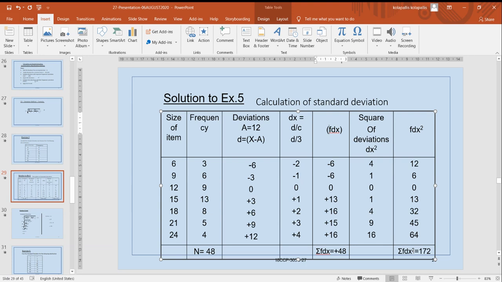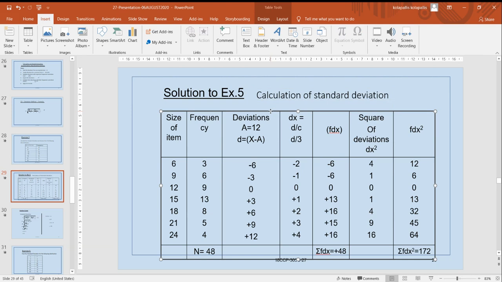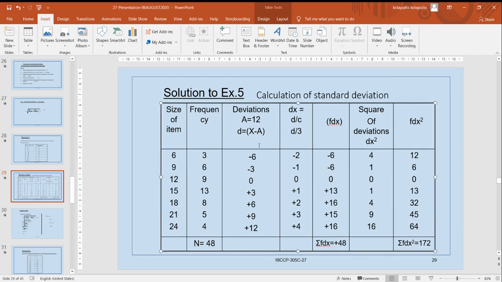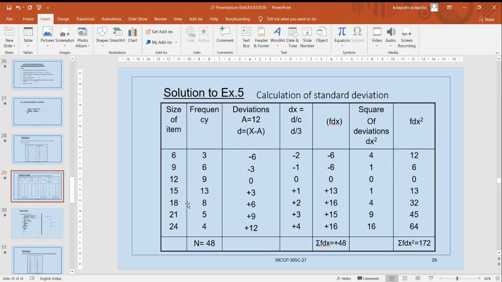So now we'll take here n is equal to 48.